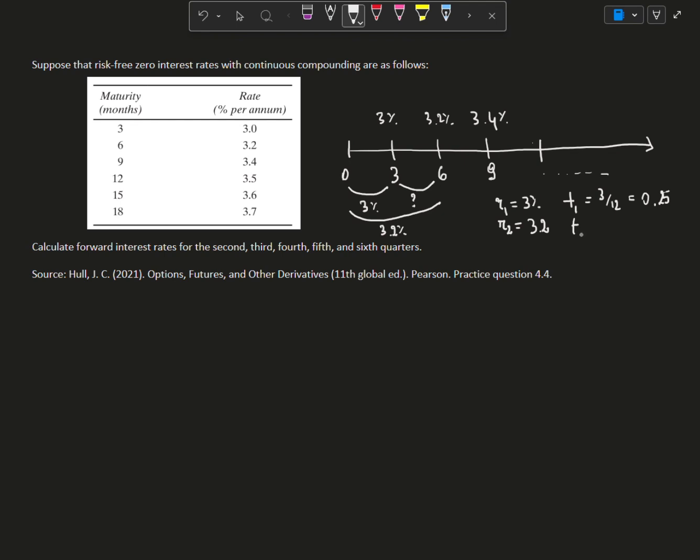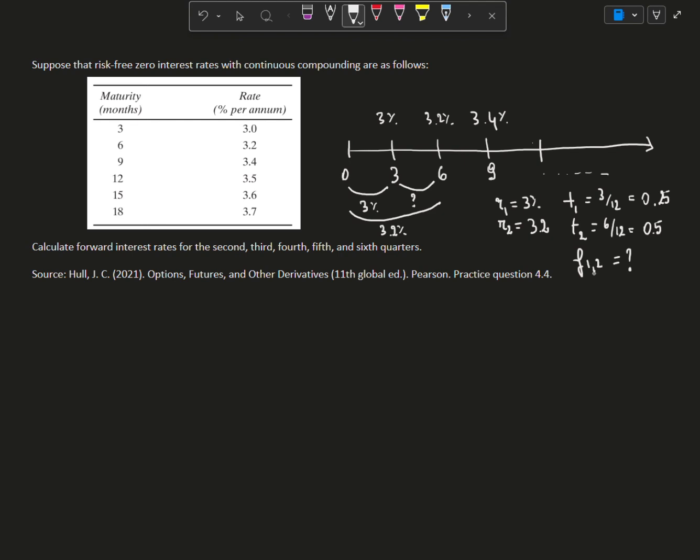We have our T2, which is 6 months over 12 in a year, so that's going to be 0.5. And what we need to find out is our forward rate, which I can call F12.